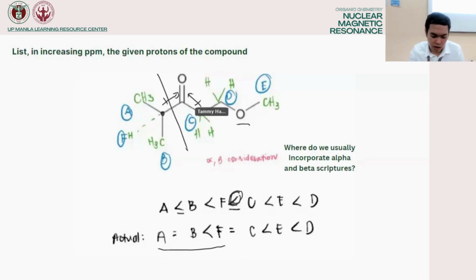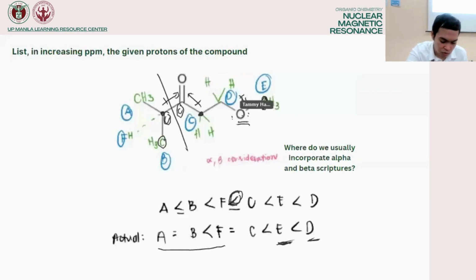Okay? And then you have your letter E dito. Kahit malayo siya, no? Pero mas malapit siya kay oxygen. Okay? Compared dito, dalawang carbon pa kasi yan. Dito, isang carbon lang, tapos oxygen na agad. Dito, 1, 2, 3. Dito, 1, tapos oxygen na agad. That's why E. And letter D, there are two opposing electronegative atoms, no? You have 1 and 2.